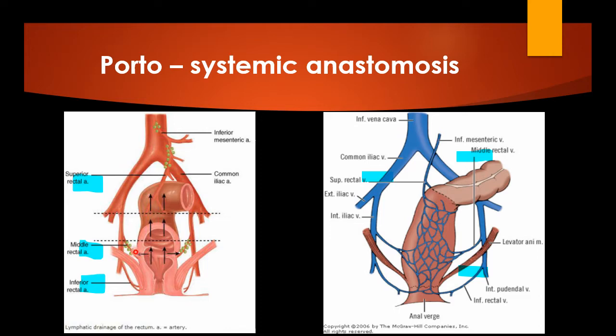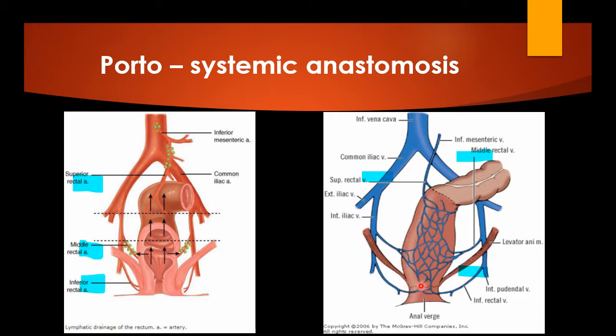The middle rectum is supplied by the middle rectal arteries, which come from the internal iliac artery. And the inferior rectal artery supplies the anus and the anal canal, and this also comes from the internal iliac artery.